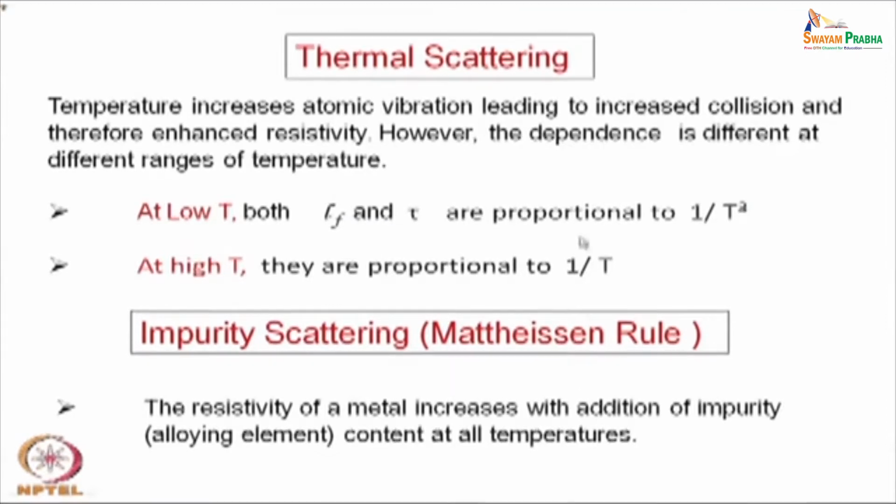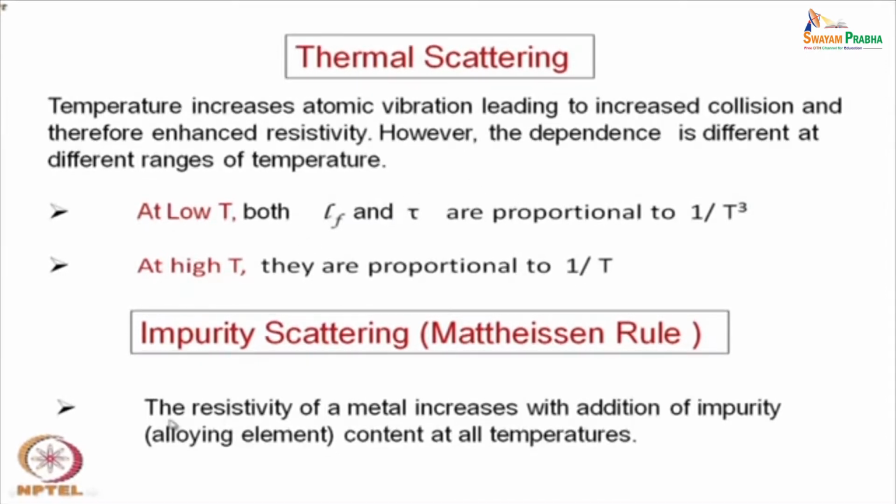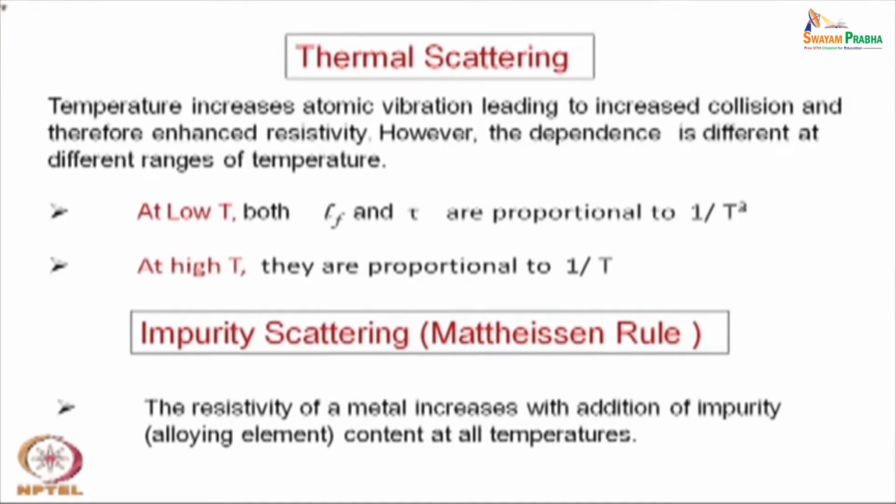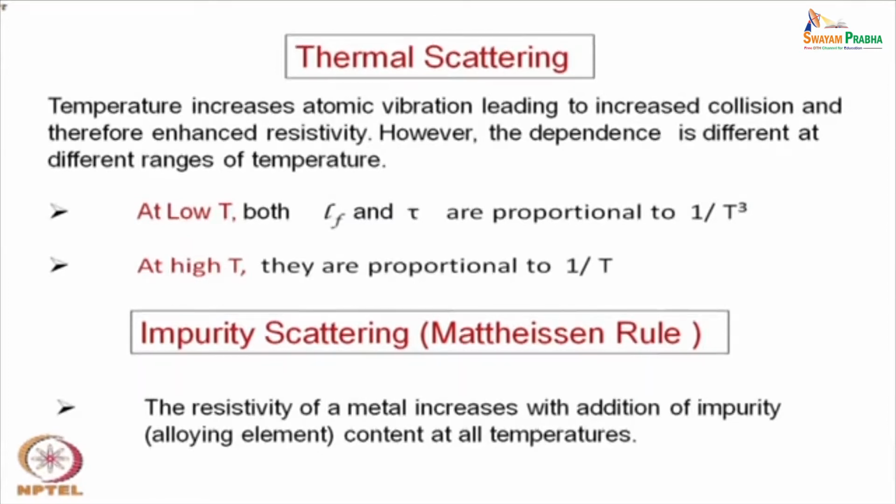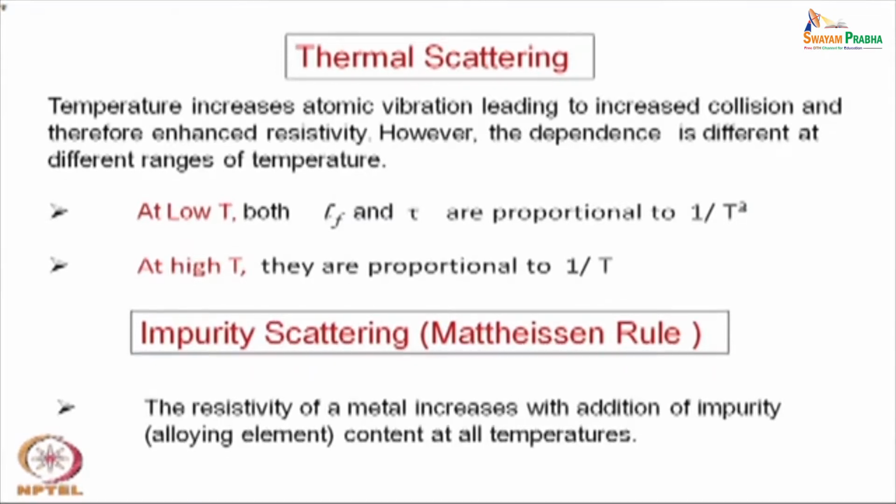Now, in addition to temperature, I have shown you some experimental curves in which we have seen that addition of impurities like alloying elements also increases the resistance or decreases the conductivity. The resistivity of a metal increases with the addition of impurities or the alloying elements content at all temperatures, irrespective of temperature.